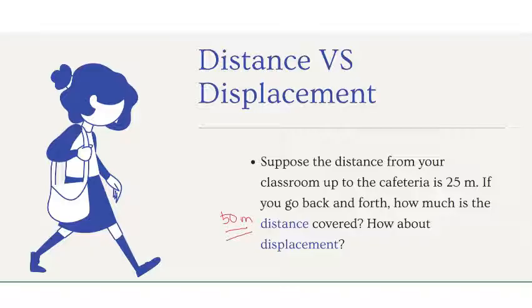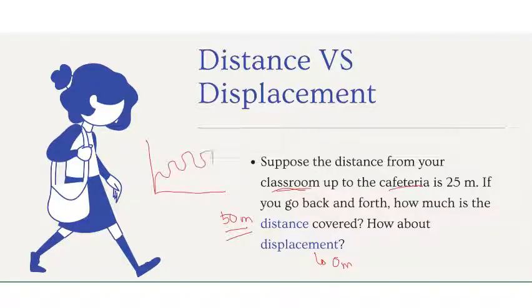How about your displacement? Now, displacement is basically defined as how far you are from the initial point to your final point. So, gaano ka kalayo sa initial to your final point. So, dito, from the classroom, you went to the cafeteria, and then bumalik ka sa classroom. How far are you from your initial point? Wala. So, ibig sabihin, this is 0 meters. If we try to put it in a graph, pwedeng ang distance mo, ganyan.